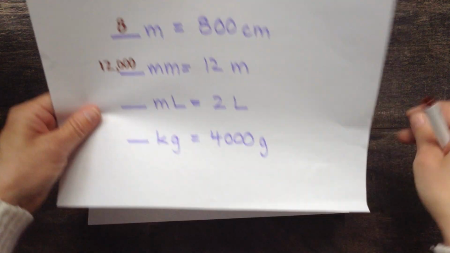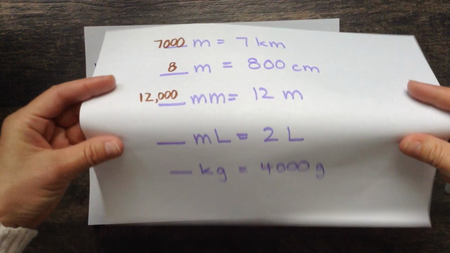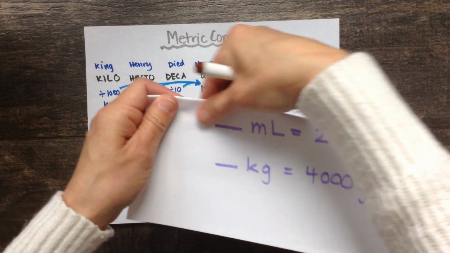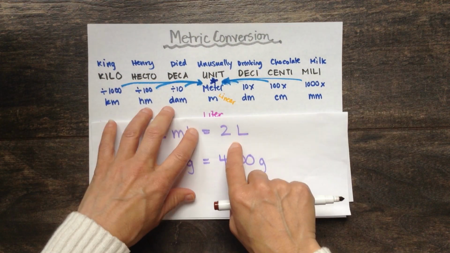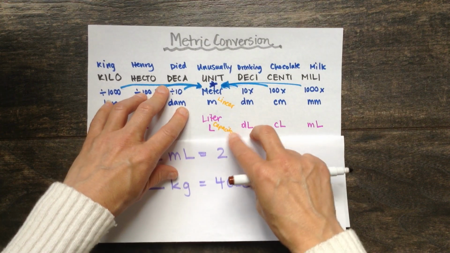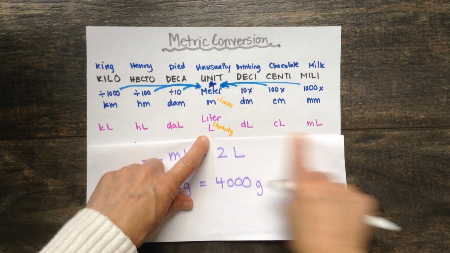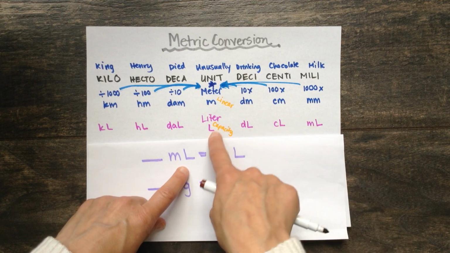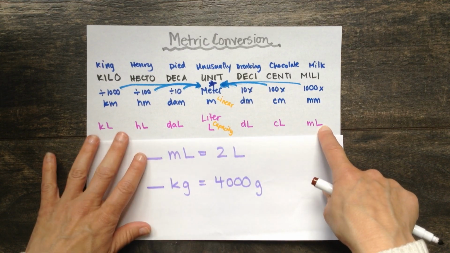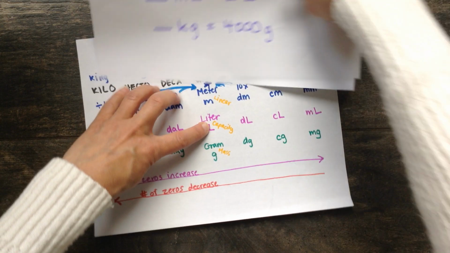All right. Let's look at something with liters. What if I wanted to know how many milliliters are in 2 liters? Remember, my liter is my unit. If I wanted to go from liter to milliliter, and I had 2 liters, let's check my chart here.